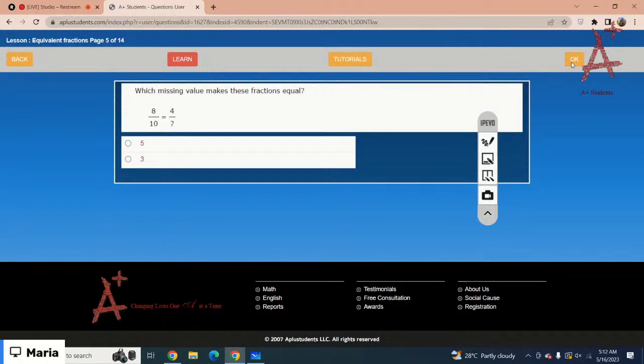Got it? Okay, which missing value makes this fraction equal? 4 by 10 equals 4 over.